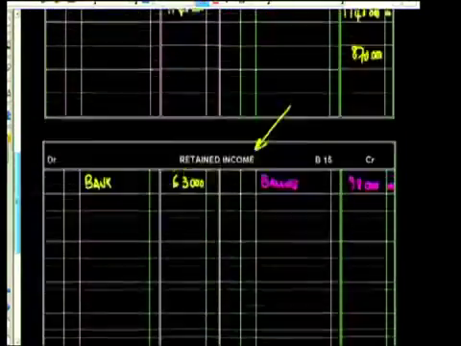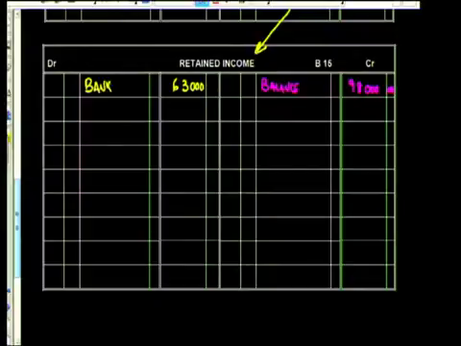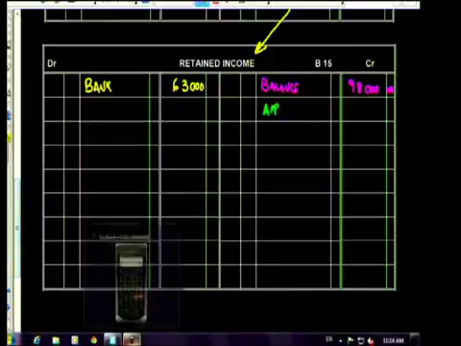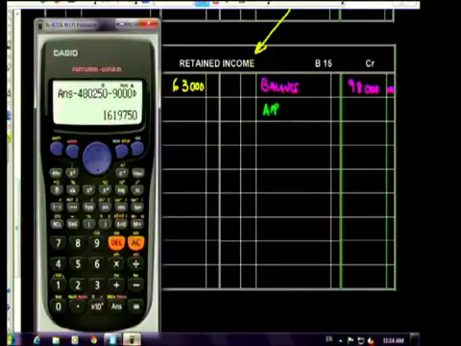I have to credit my retained income account coming from my appropriation. And the amount was, our calculator will give it to us, 1,619,750.